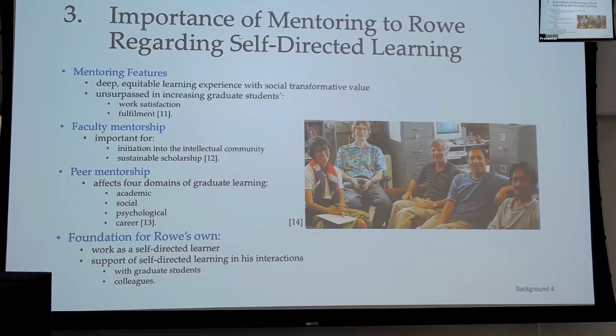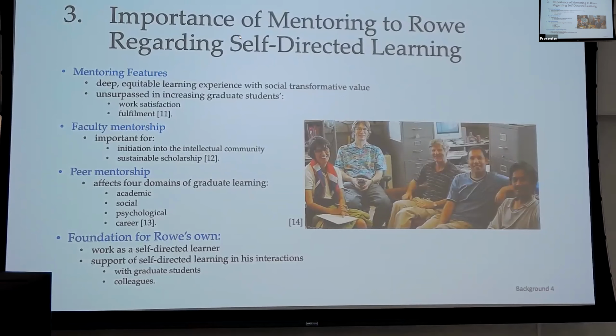So now let's look at the importance of mentoring to David regarding self-directed learning. So mentoring features equitable learning experience with social transformative value, unsurpassed in increasing graduate students' work satisfaction and fulfillment. Faculty mentorship is important for initiation into the intellectual community and sustainable scholarship.